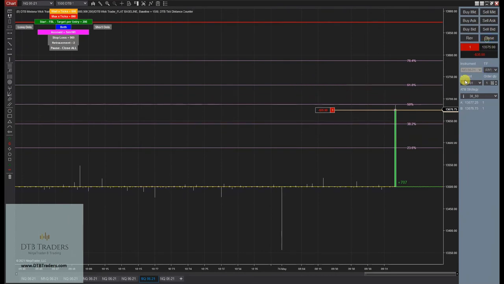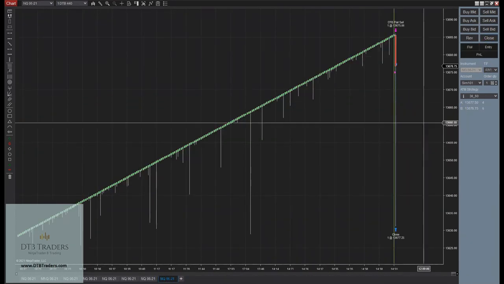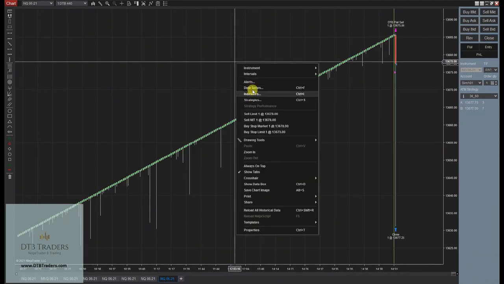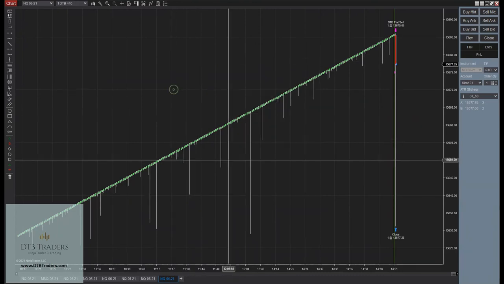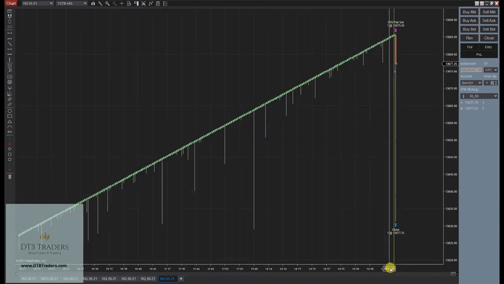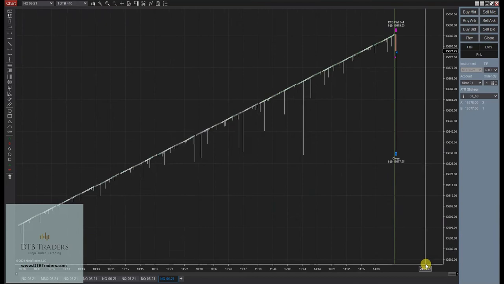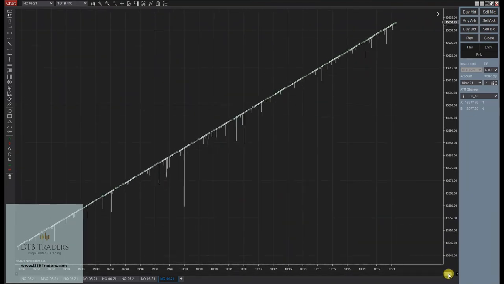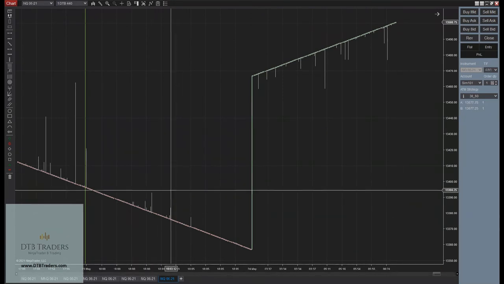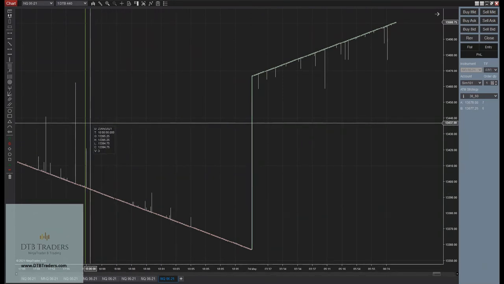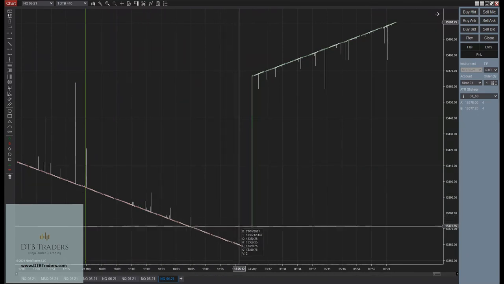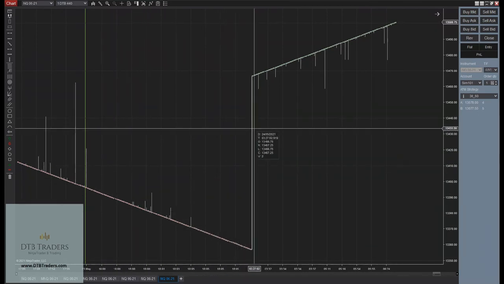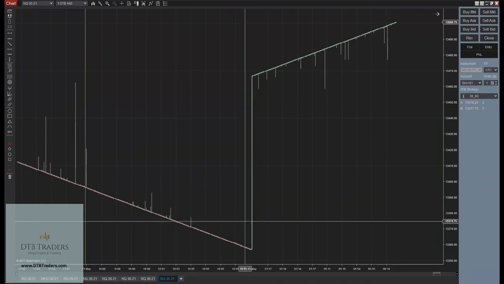So if I close this one and I go to the trending baseline and I remove the session markers. Actually, before we remove the session markers, you can see we've been in a very nice trend the entire session. So yesterday's open, we had the price come down a bit, and then we came up all the way to the close actually.